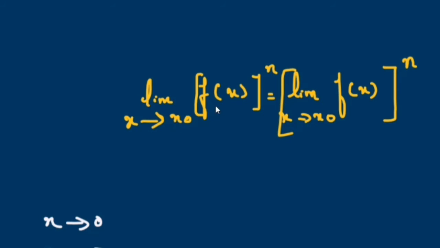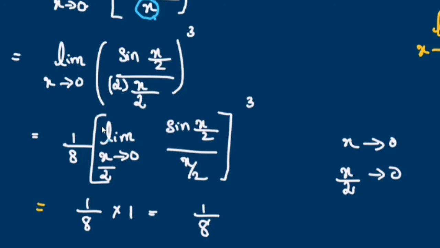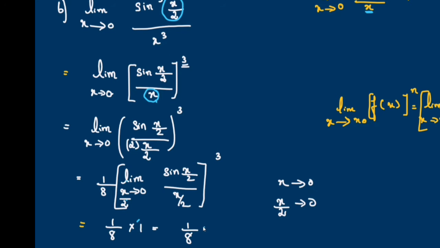This property also we should know: limit x tends to 0, f of x the whole power n, you can also write it as limit x tends to 0, f of x, the whole power n. So we can write like this. You can write the limit inside. So the whole cube, this is equal to 1. Sine theta by theta, theta tends to 0 is equal to 1. So 1 by 8 into 1, that is equal to 1 by 8.